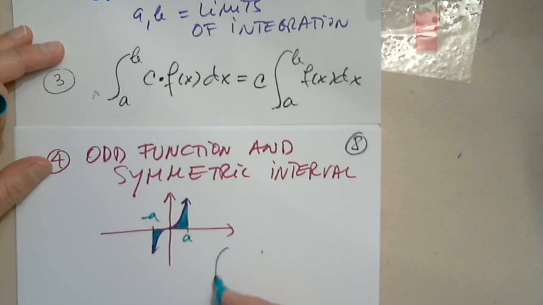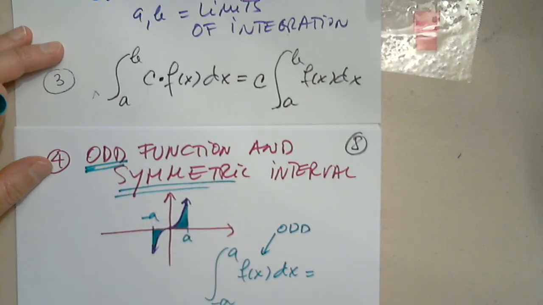And now I would like to determine the integral from negative a to a of f of x dx, knowing two things, that this function is odd and the interval is symmetric between negative 5 and 5, between negative 3 and 3, between negative a and a. What do you think this will equal to?